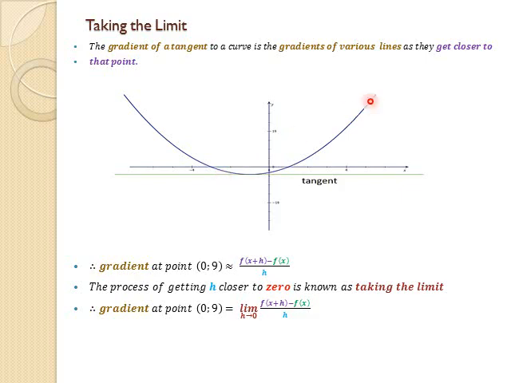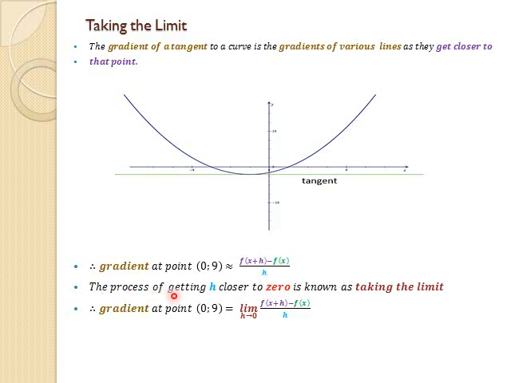As I've taken all those gradients, eventually it's going to come to a point where it just touches the graph at one place. So the gradient of a tangent to a curve is the gradients of various lines as they get closer to that point. Therefore, the gradient at point (0, -9) is approximately f(x + h) minus f(x) divided by h.